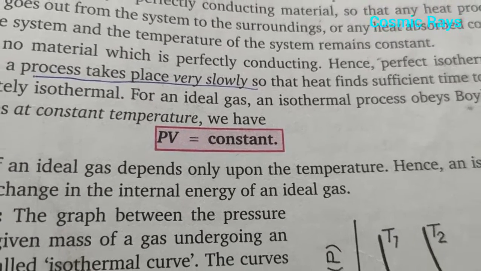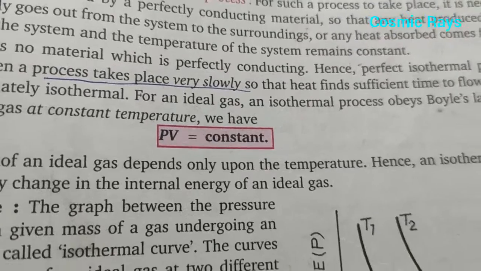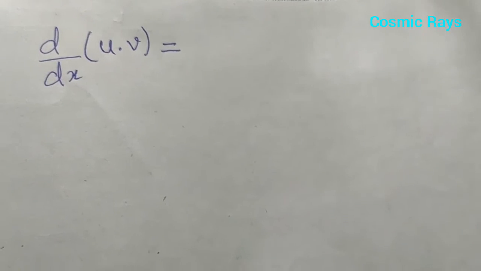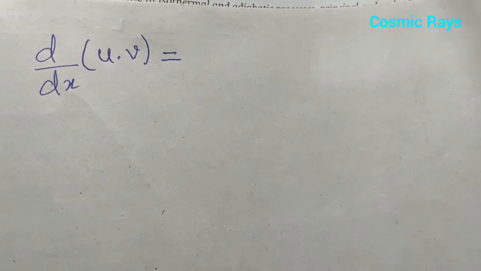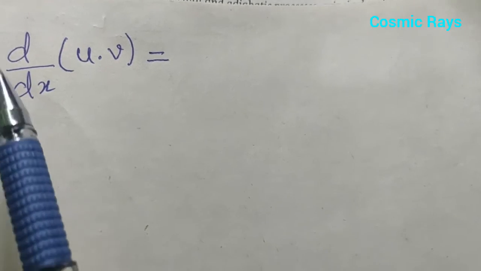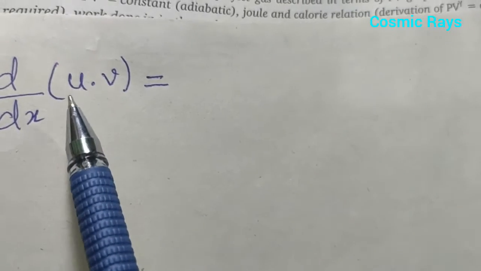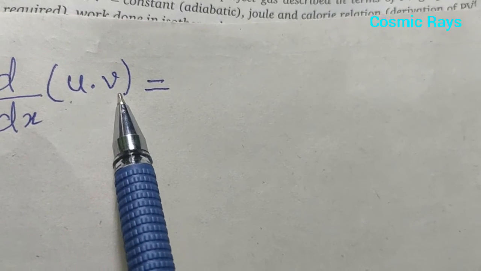What does the product rule say? It says that when we have to differentiate two functions which are multiplied, for example d/dx of u dot v, we assume one function to be the first function and the other one as the second function.